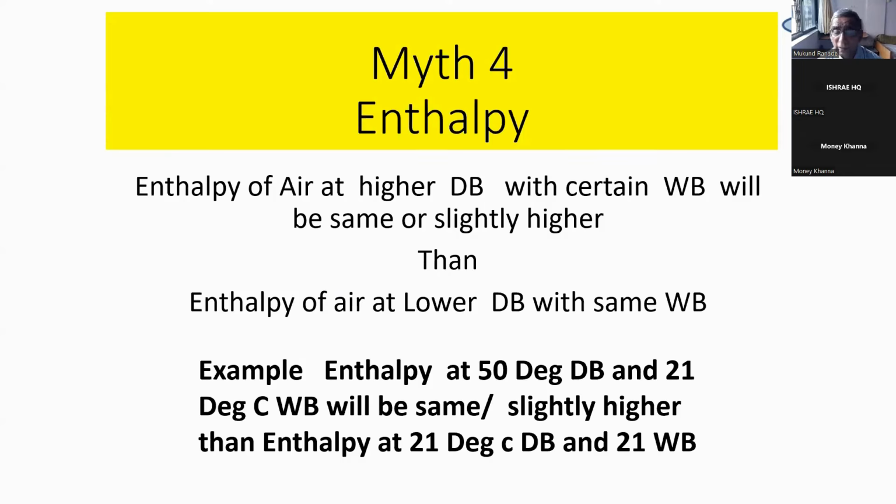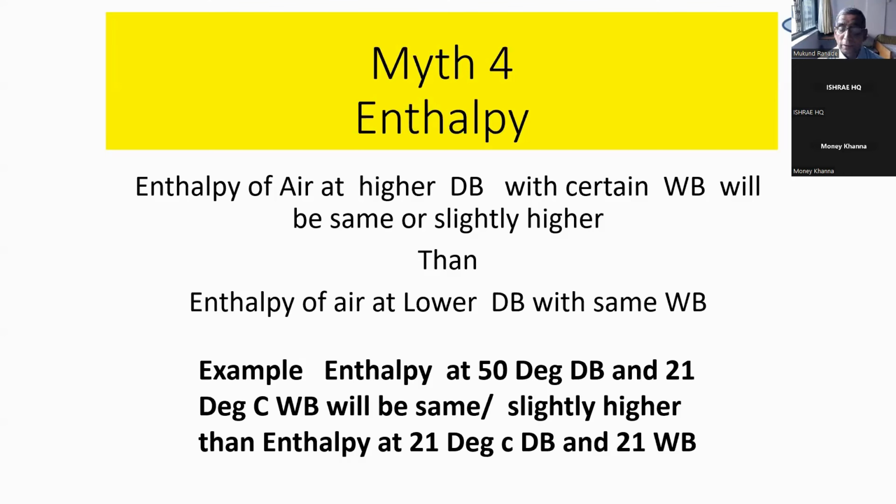Many people feel the wet bulb is the same but the dry bulb is higher, so the enthalpy of 50 degree dry bulb and 21 degree wet bulb should be more than, or at least the same or slightly more than, that of 21 degree dry bulb and 21 degree wet bulb, which is wrong.